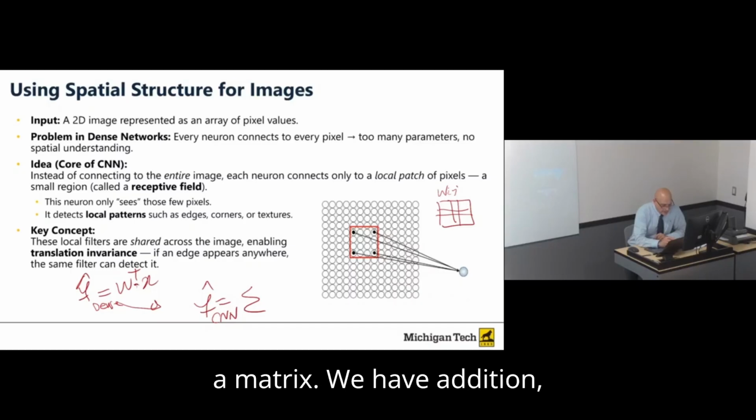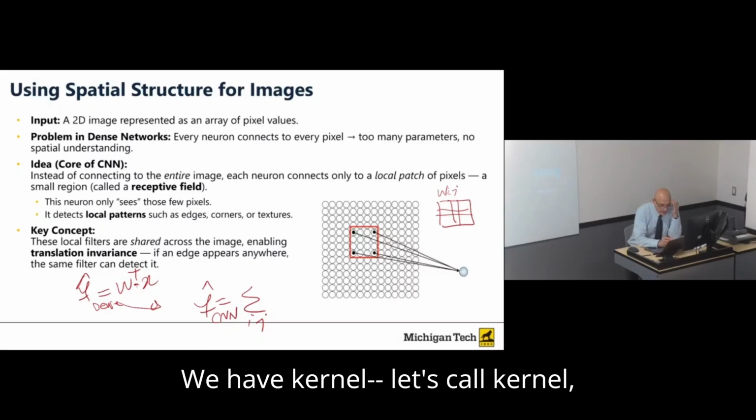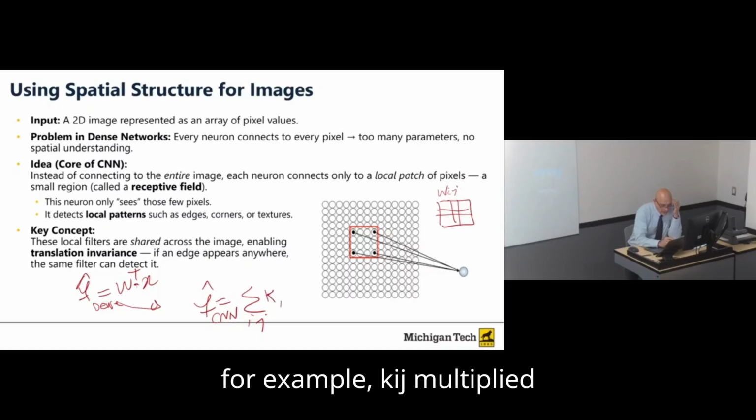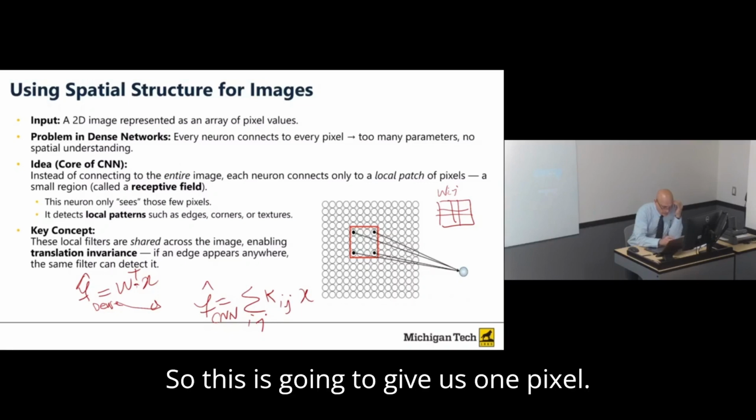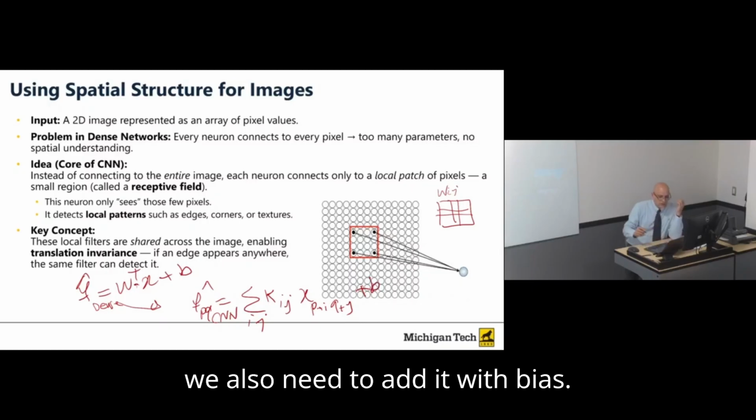Here we have a matrix, we have addition over I and J. We have a kernel, so let's call the kernel K, Kij multiplied by X, which gives us one pixel. So let's make this F at p, q, X at p plus i and q plus j. If we have a bias, we also need to add it.